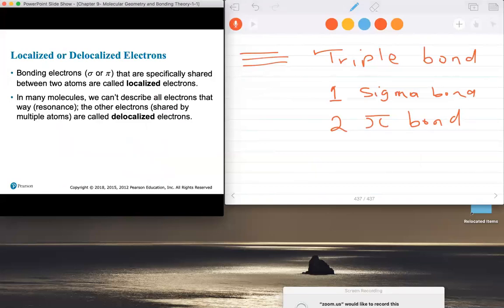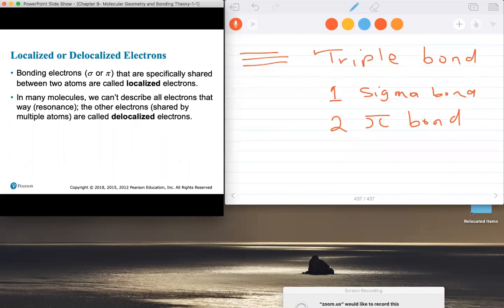In the shared electrons, we say that those are localized electrons. Bonding electrons are said to be localized, the rest are delocalized. Those are 2 types of electrons, just the way we talked about in chapter 8, bonding electrons and non-bonding. You draw the Lewis structure of a molecule or polyatomic ion, and then you distribute whatever remains.